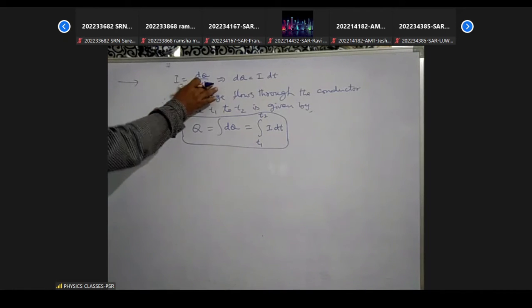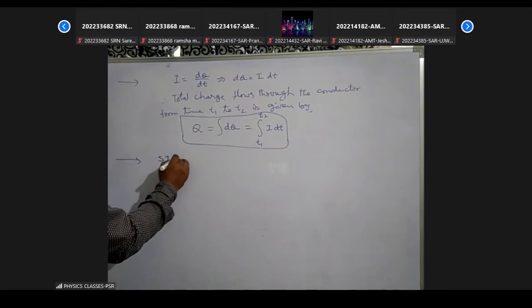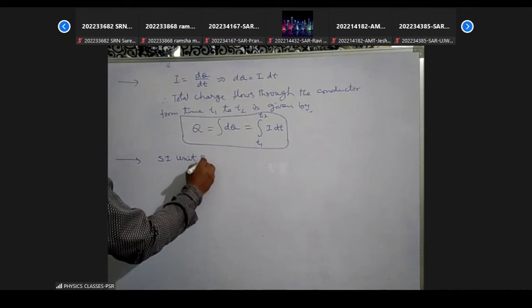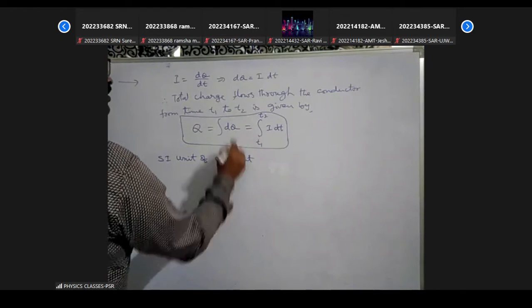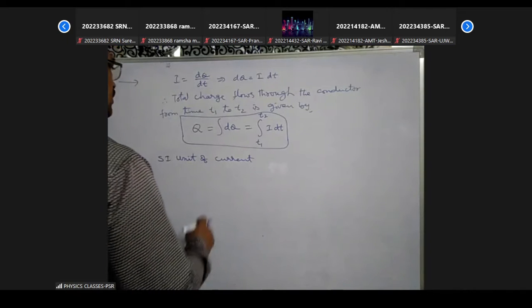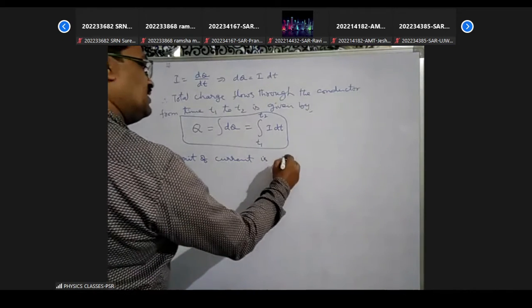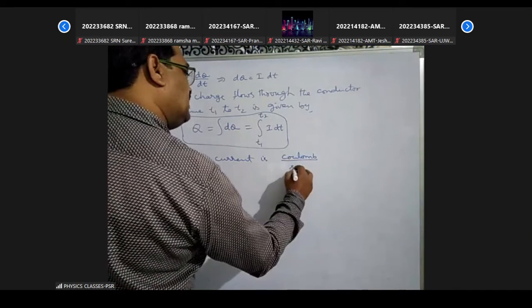Here by this definition, what is the SI unit of current? Ampere. This is charge by time. What is the SI unit of charge? Coulomb per second. Ampere, Coulomb by second, correct.